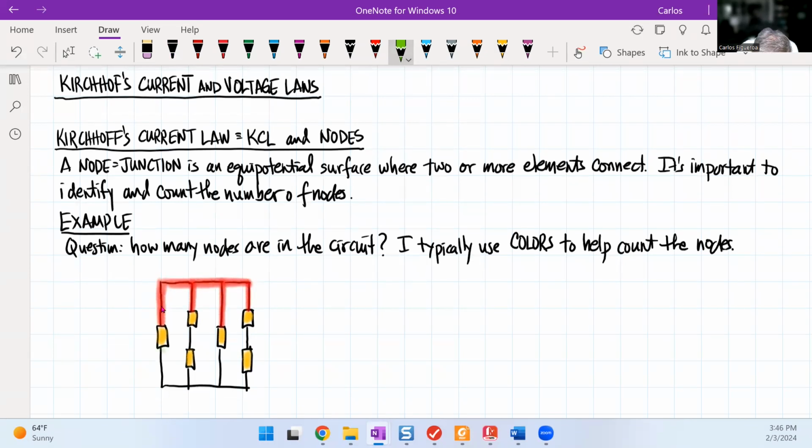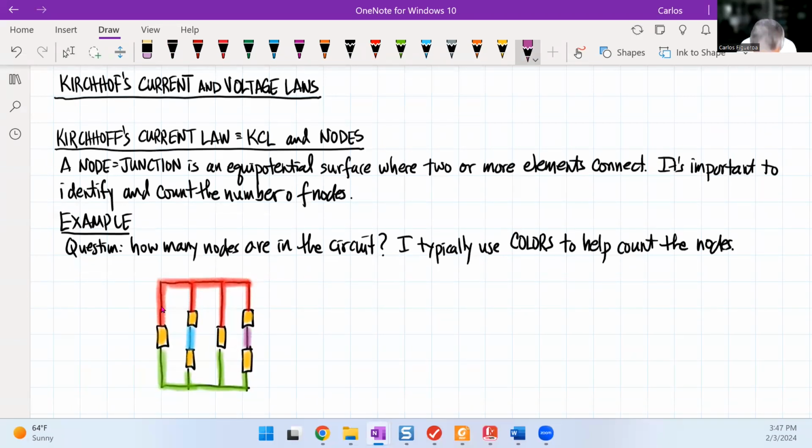If I take this other one, the one on the bottom, and I highlight it with green, you could see that that represents a second node. And if I take the next color, that represents a third. And if I take another color, that represents 4.